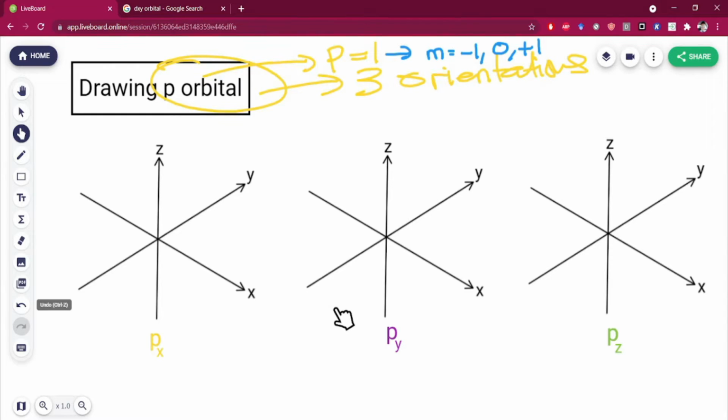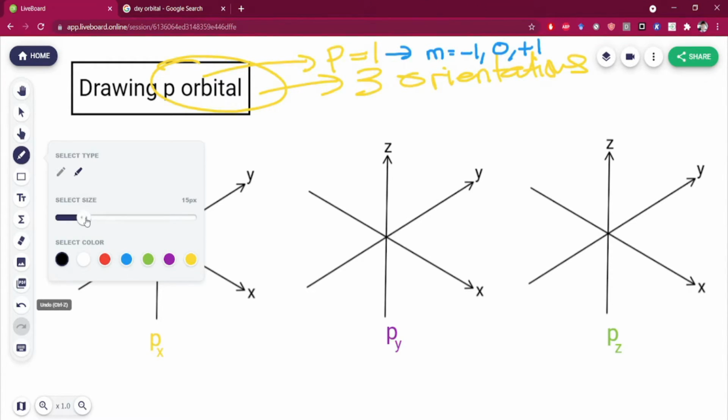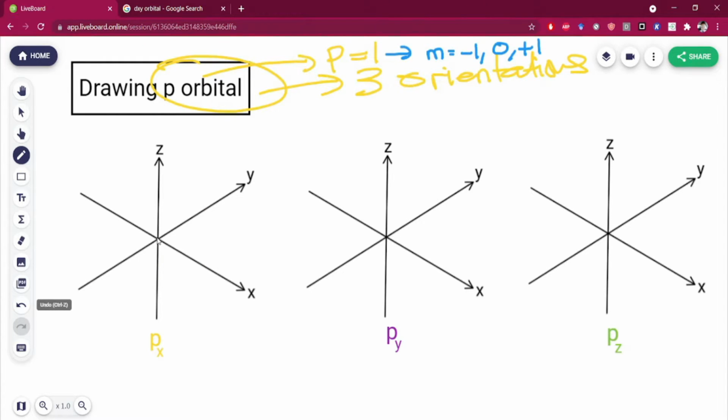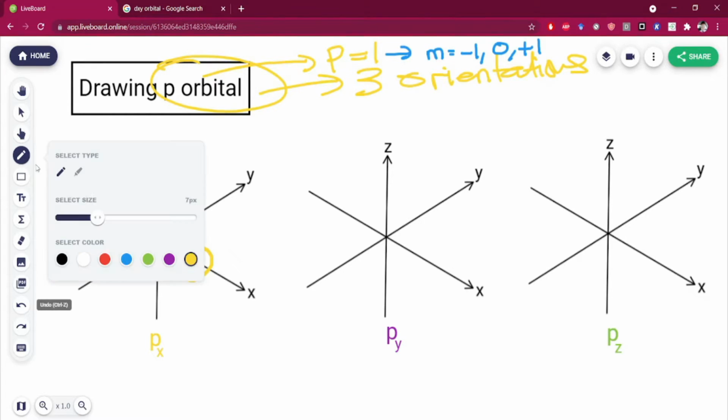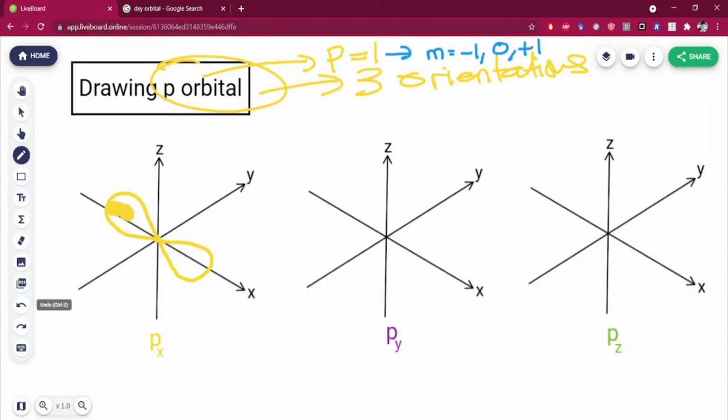So how to draw these orbitals easily? Again, you need to have the axes first, and you need to label them accordingly. So for px, you can have it along the x-axis. You're going to put one lobe here. Okay, so it will be in lobe shapes, dumbbell kind of shapes.